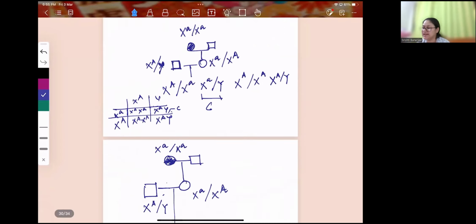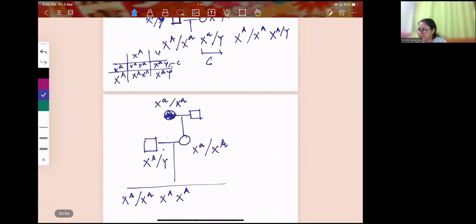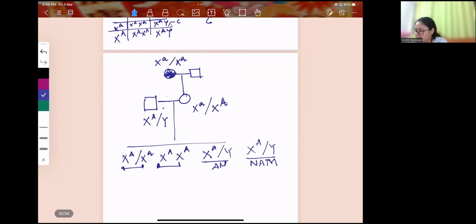So the different progenies that will be formed are like this: X^A X, then there will be an X^A Y, this and this, and there will be again an X and Y. So this male is an affected male, and this is a non-affected male, and this is again a carrier and non-affected.